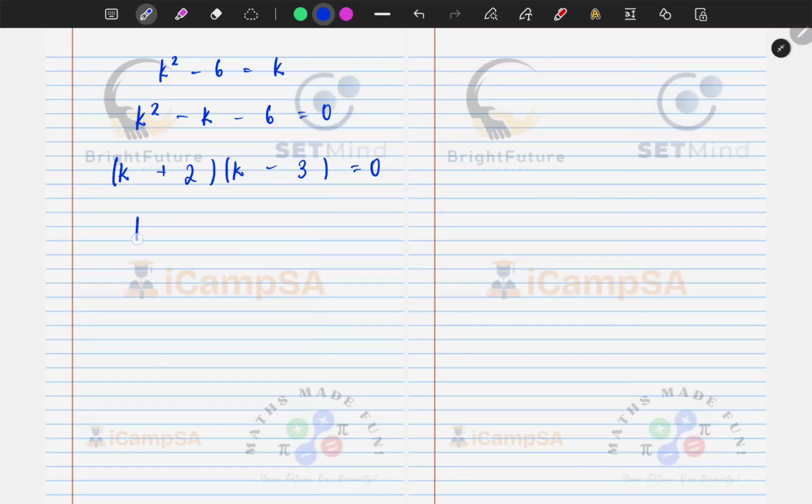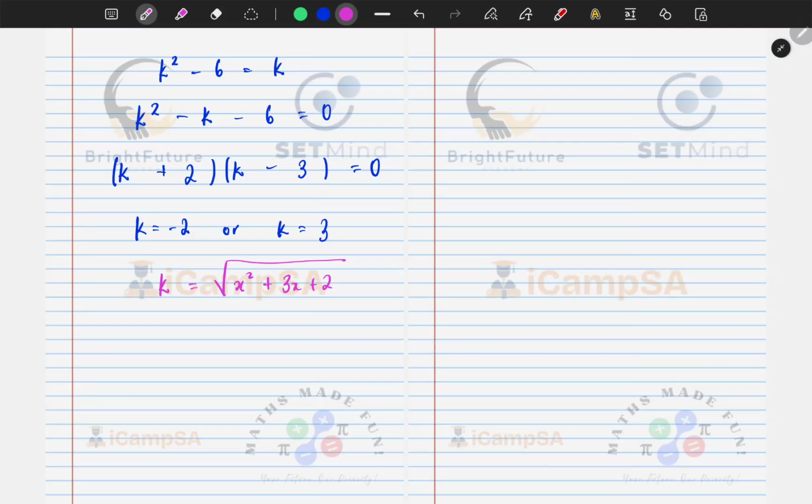So now I am going to have k equals negative 2 or k equals 3. Remember, what we had was we let k equal the square root of x squared plus 3x plus 2.